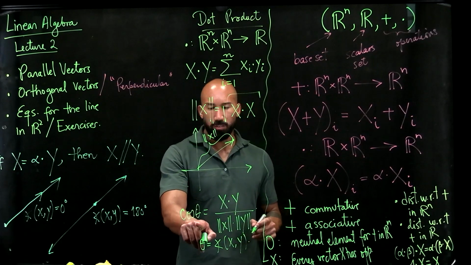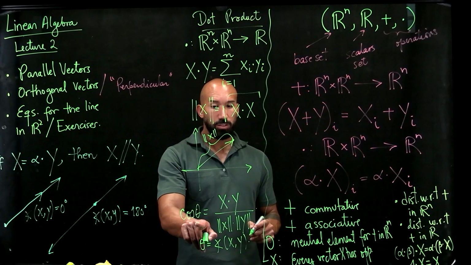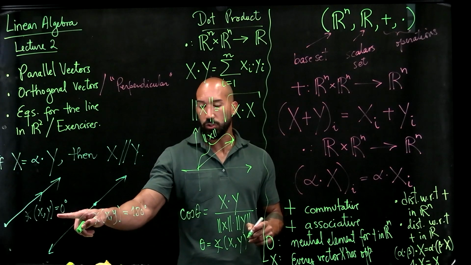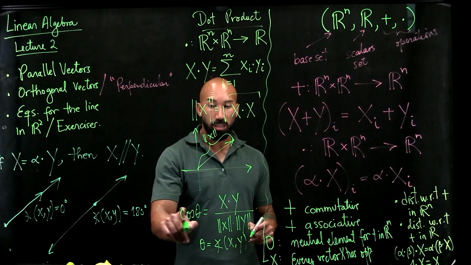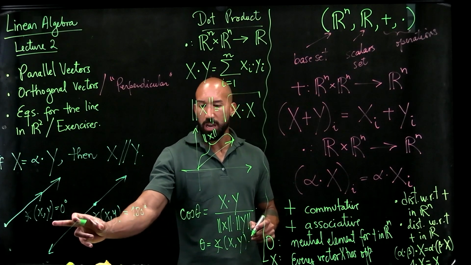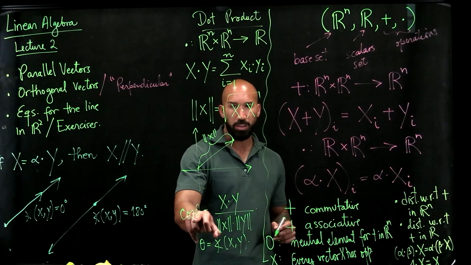But the cosine of 0 is 1, and the cosine of 180 is -1. So in either case we are going to have either 1 or -1.